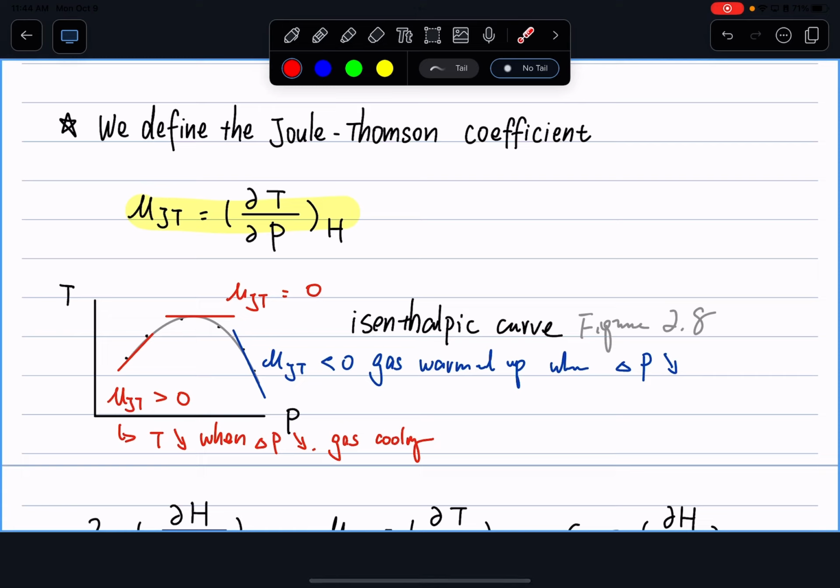But at a different set of conditions, when the Joule-Thomson coefficient is smaller than 0, then your gas will warm up when your pressure decreases. I will always use different colors for different things, so pay attention to the colors as well.